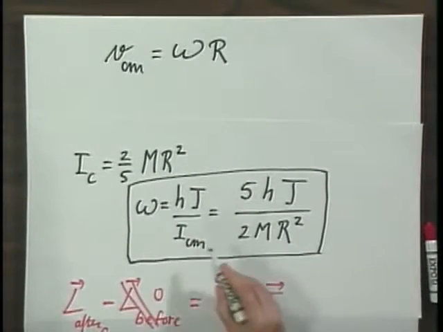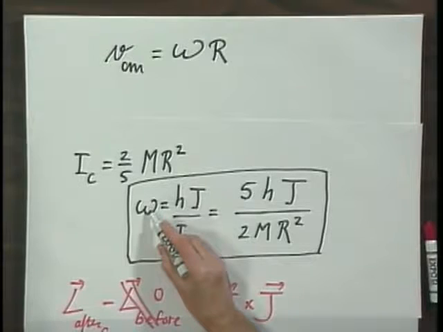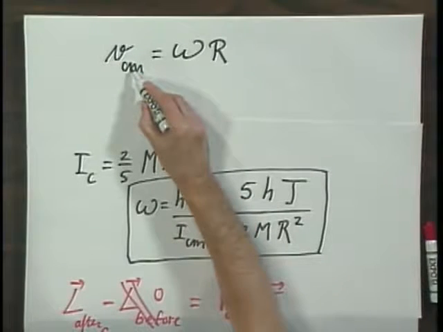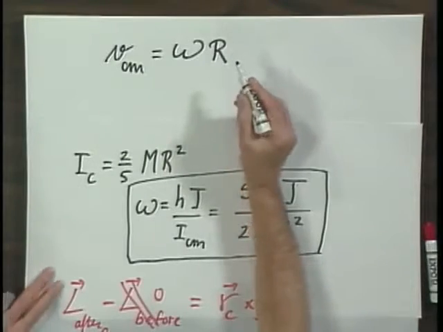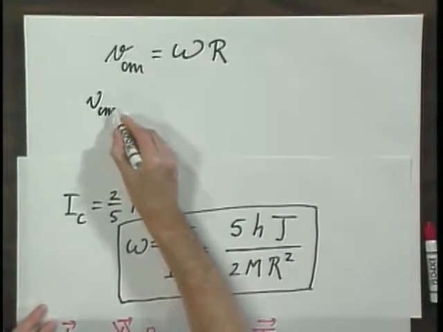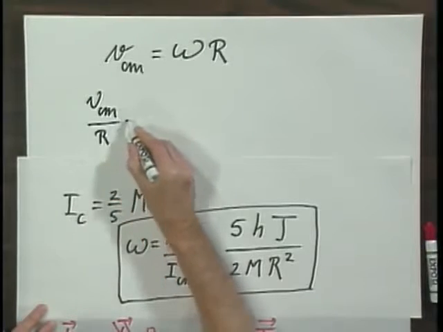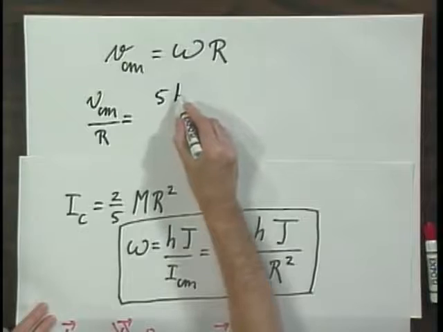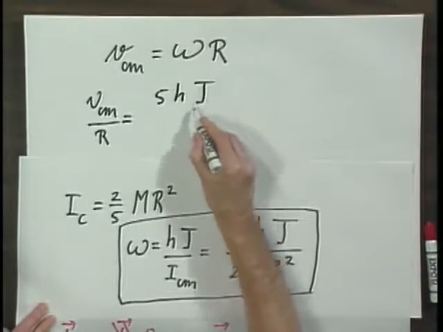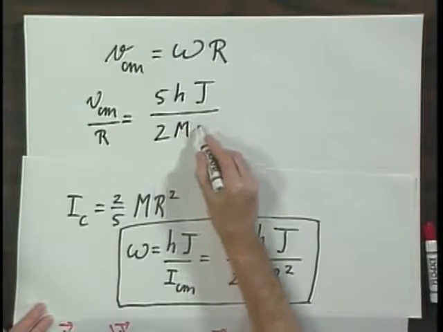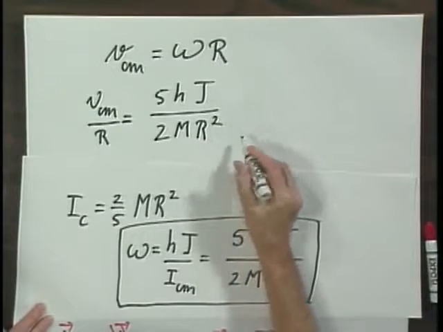You can find that by substituting for omega v center of mass divided by r. So when I do that, I get v center of mass divided by r equals 5hj divided by 2mr squared.